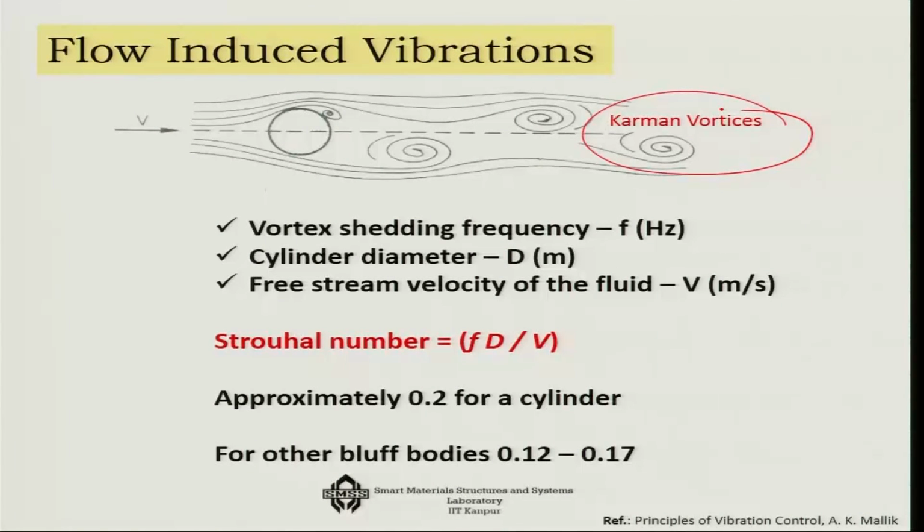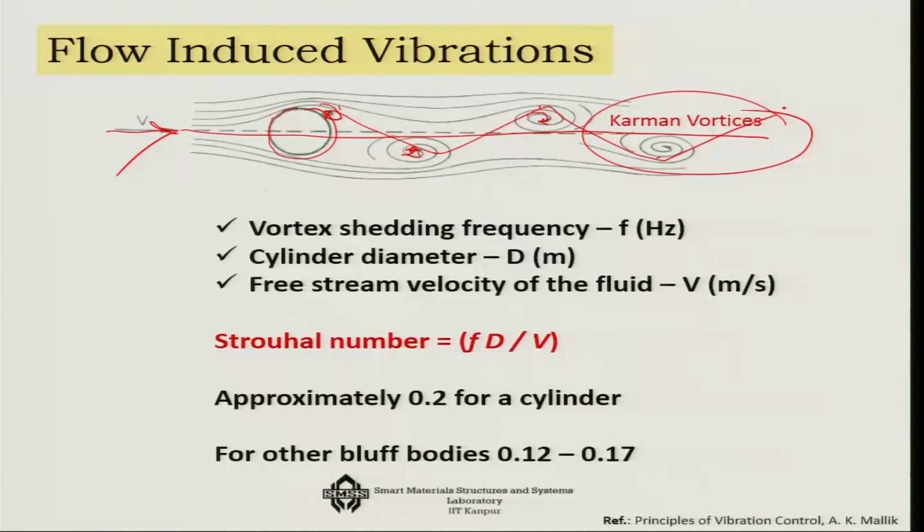Whenever there is a flow at a particular Reynolds number, and there is a bluff body in front facing the flow, there will be formation of eddies in the downstream region, and they come in a very interesting way, anti-symmetric with respect to this line. So, we call this a vortex line, one here, another here, another here. So, there is a zigzag line that is formed out of them.